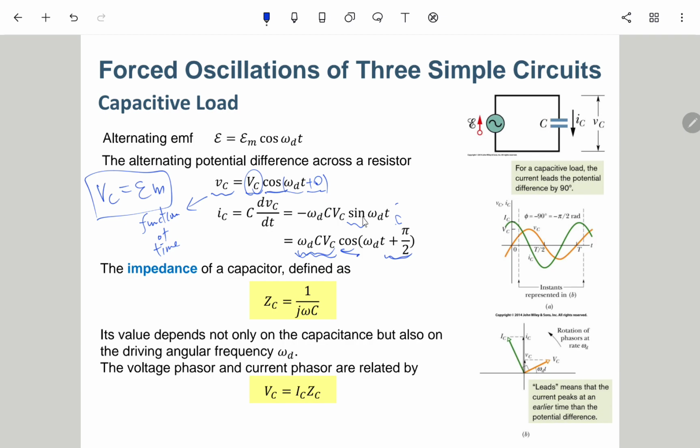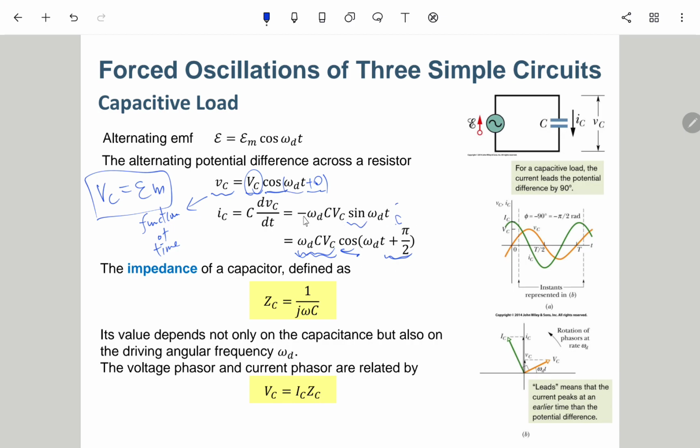Because if we have a negative sign of something and we want to make it positive, it should be cosine of this thing plus pi over 2. This is an identity in trigonometry, so I hope you still remember.